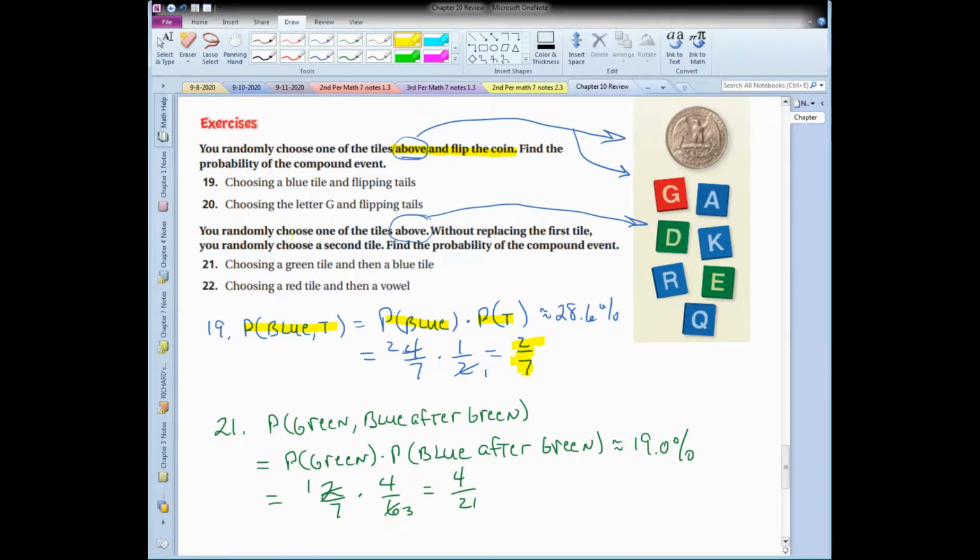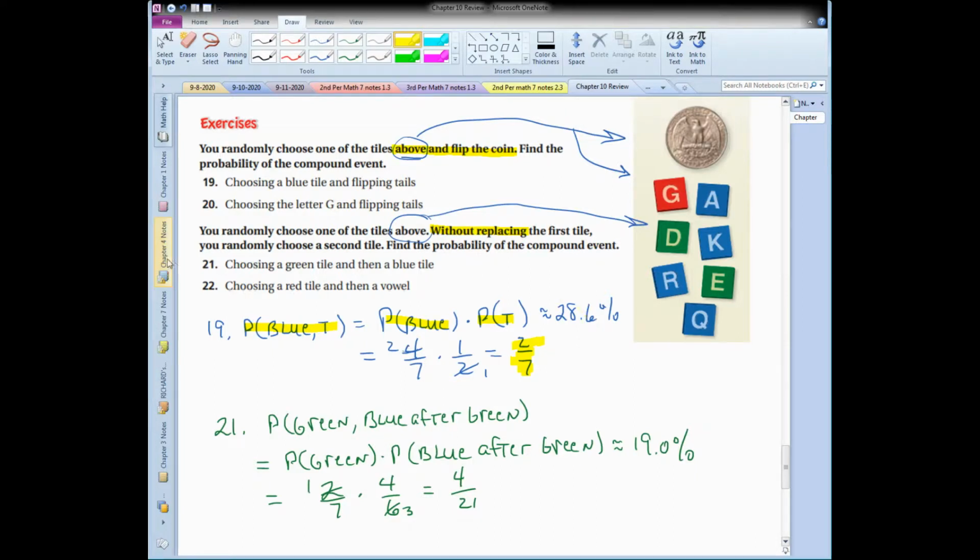And now for this one, you randomly choose one of the tiles without replacing it. So you don't put it back in there as one of the tiles you could choose a second time. So you have impacted the likelihood of whatever the next event is. So these are dependent. Whenever you see this without replacing, think dependent events.